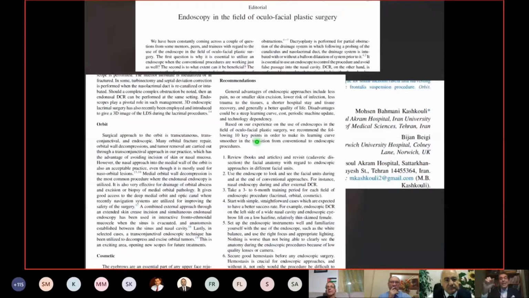I still am not convinced medial wall decompression through the nose is better than transconjunctival, because when we go through the nose, we actually have to hurt the nasal cavity. We have to remove the nasal mucosa to reach the orbital cavity and bring the fat, invite the fat into the nose. We don't need to do that.